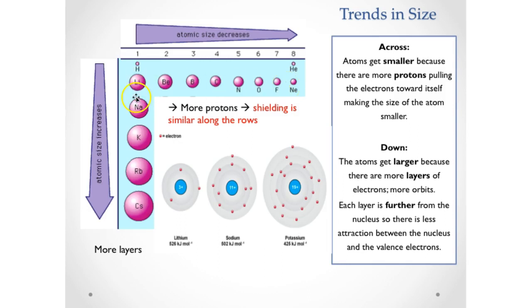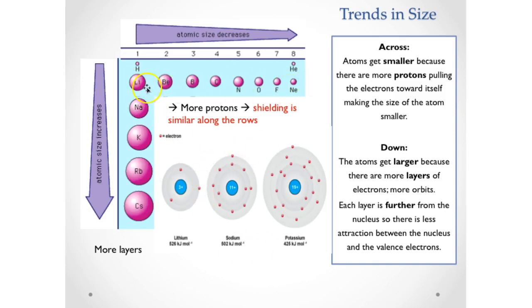But if we move down, the proton number also increases. So why is it not shrinking? Well, going down, yes, there are more protons, but we also have a lot more orbits here, more layers of electrons, more orbitals. And because of that, the atom will get larger.